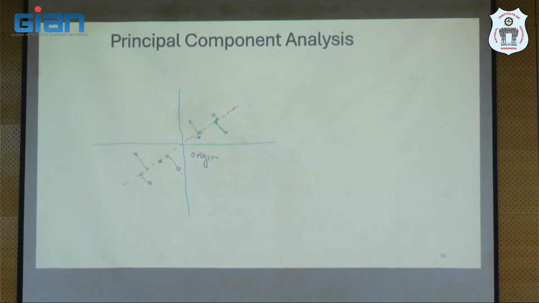Is it clear? This is the basic idea of principal components. Whenever you have an original data set, you try to fit a line or draw a line that will have the best representation. So you can have a line like this, or you can even have a line like this. Let us consider the same data set. I will try to draw it as close to this as possible.